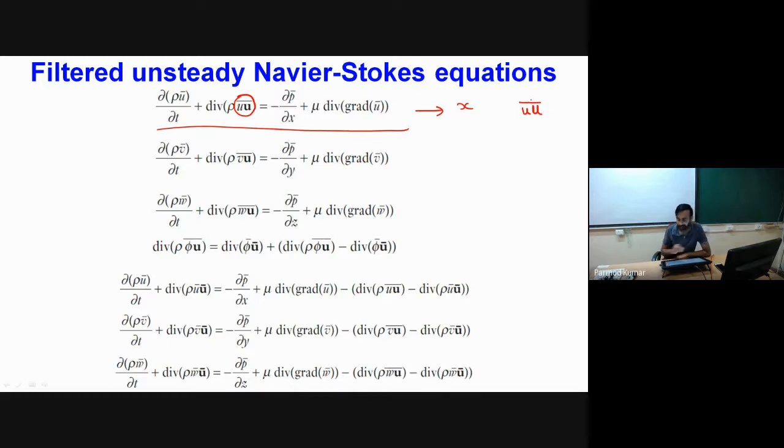Now the algebra will not be similar to what we applied in the case of Reynolds averaging, so please don't confuse it with the time average. Whatever algebra applied there, we cannot apply here. This is what will create the difficulty.